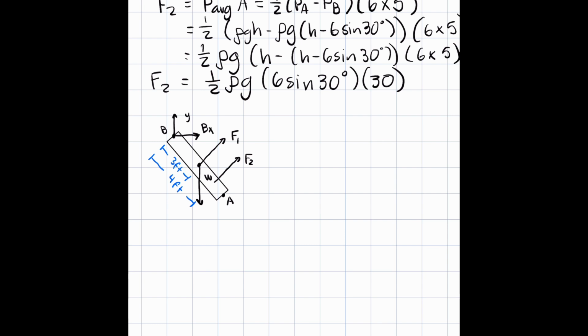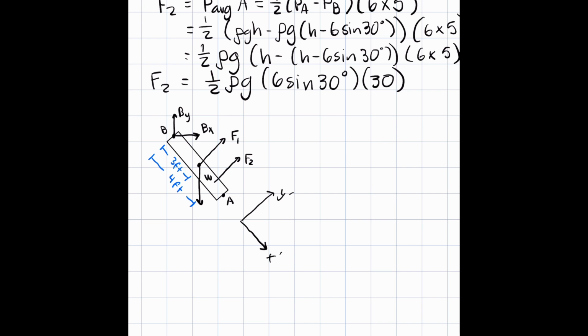To make this a little simpler, we're going to do the entire problem on a rotated axis, where this is y prime and this is x prime. The main reason is that's the direction most of our forces are pointing in, so it'll make the overall moment balance a lot easier. You'll still get the same final answer as if you did it in the typical y-axis.